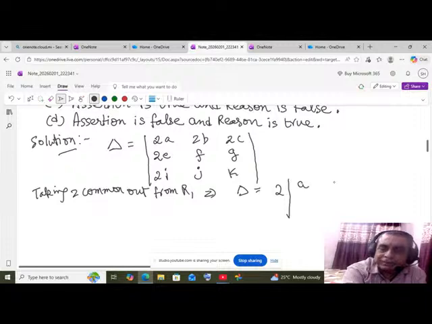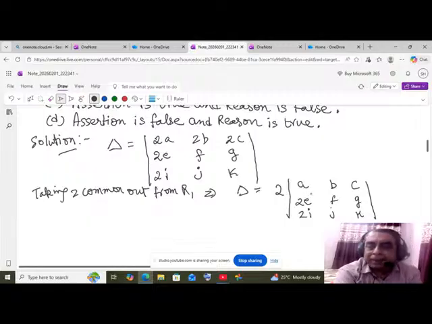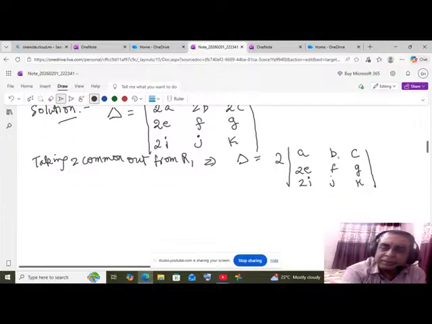So it is a, b, c, and the second row will be 2e, f, g, and the third row will be 2i, j, and k. You divide every element of the first row by 2. So it is a, b, c, and the other rows will be the same.